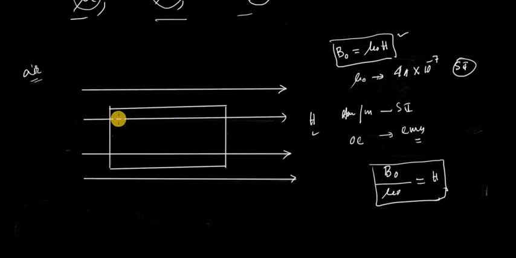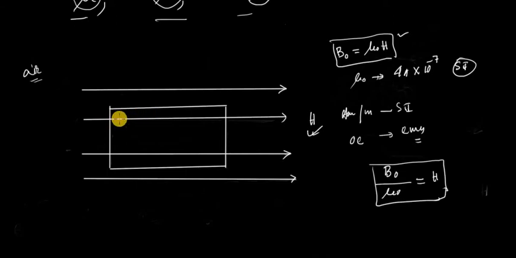But since this sample is now placed in an external magnetic field, every atomic magnet feels a torque, and due to this torque, each atomic magnet aligns itself parallel to the magnetic field.